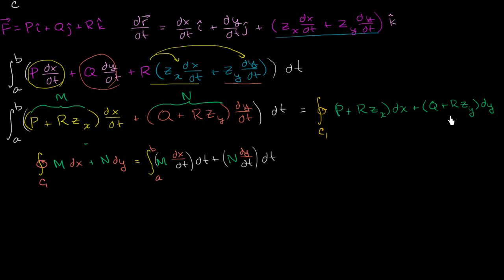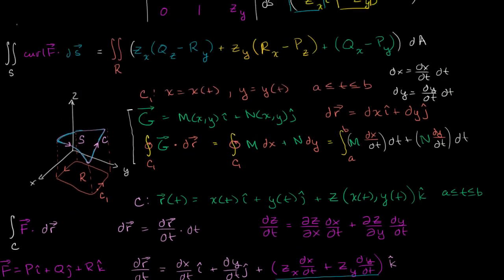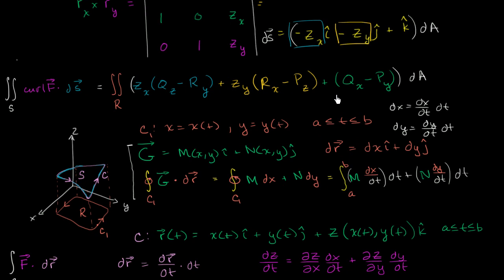But what's powerful about getting it to this point is we can now apply Green's theorem to turn this into a double integral over the region that this path surrounds, the original region, over this region R. And when we play around with it, we're going to see that we get the exact same result that we got in earlier videos. I'll leave you there, and I'll see if I can do that in the next video.